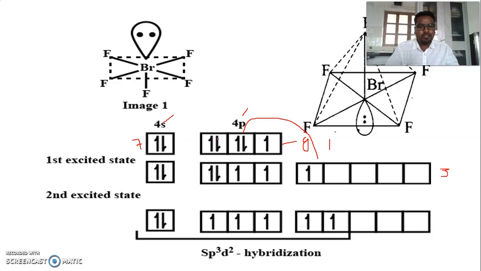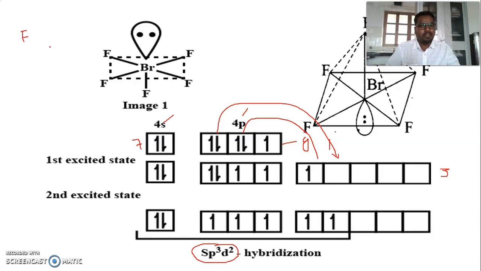Here the 2 electrons from x and y shift to the d orbital. If 2 electrons shift, 5 partially filled orbitals are created. Then these 5 orbitals and 4s undergo hybridization to produce sp3d2 hybrid orbitals. And on the other side we have fluorine.